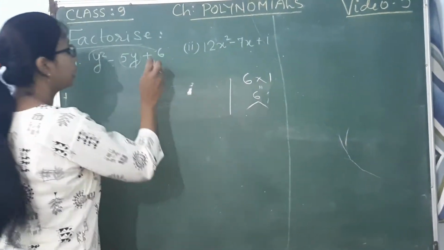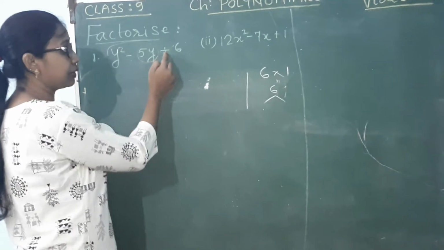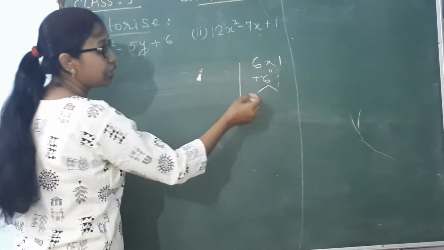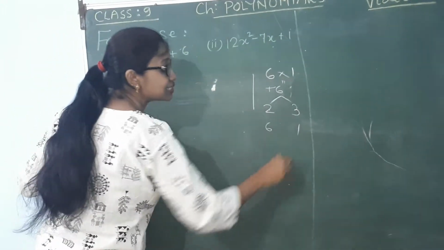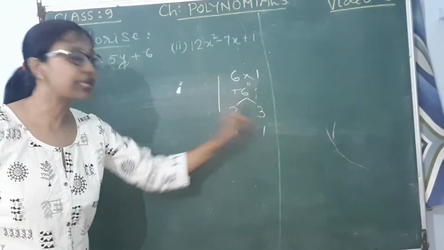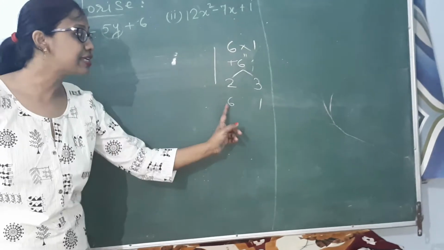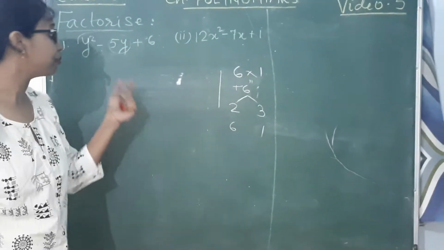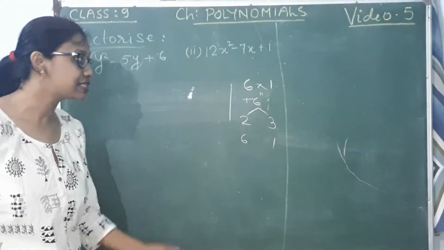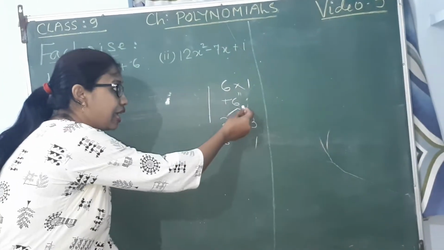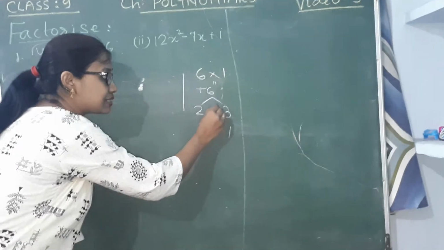Now again, be careful for the sign. Here it is positive 6. 2 threes are 6, 6 ones are 6. 2 plus 3 gives you 5, 6 minus 1 gives you 5. But which combination of factors is correct, look at the sign. 2 plus 3 gives you 5.